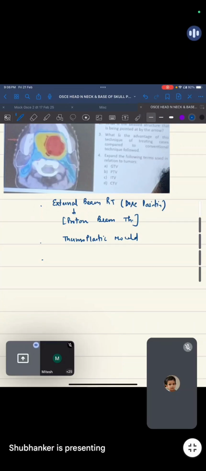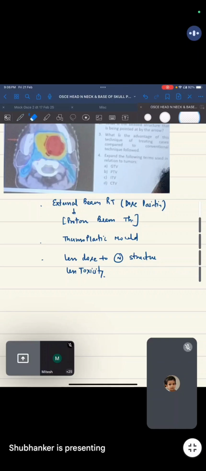Whenever you get this kind of question, the exact answer should be less dose to the normal structures, leading to less toxicity. So it gives minimal dose to the surrounding normal structures, causing less toxicity.